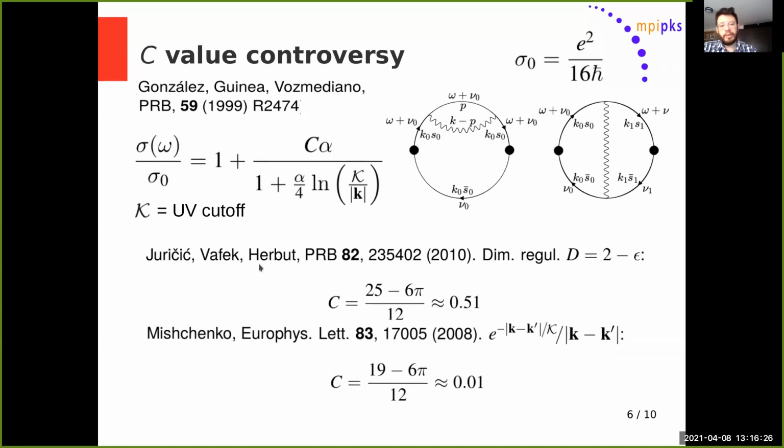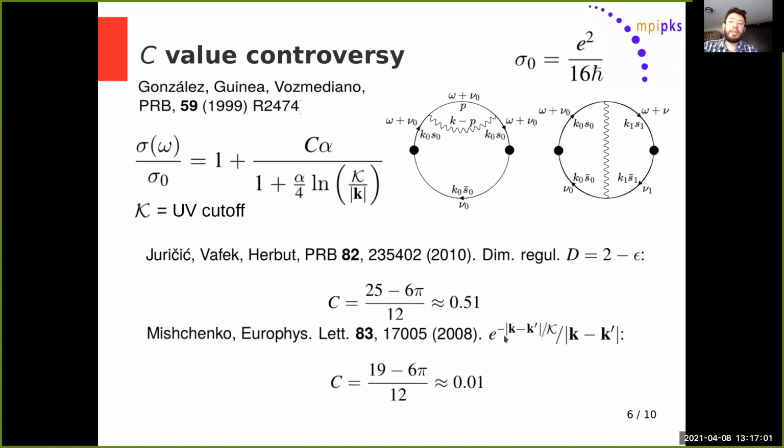The first one, by Herbut et al. from 2010, says that the constant C that weights the first order correction to the optical conductivity has the value 0.51. But there is also another proposal, a bit older, from 2008, by Mishchenko, which says that C has a value of 0.01, so almost 2 orders of magnitude smaller.